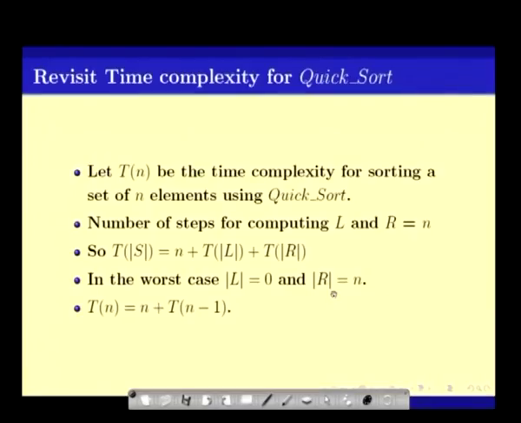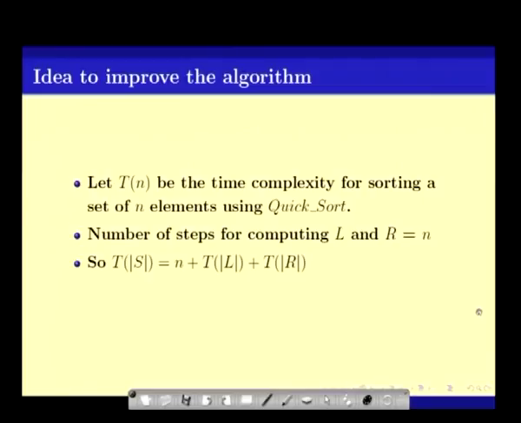But if somehow we could have picked some pivot such that the size of L would be around the same as the size of R, so the worst case will not occur, then we are in a better shape. Note that this is a very hypothetical if, we still do not have any idea how to get this, but if somehow somebody could have ensured that the size of the left set and the size of the right set was n over 2, then we would have got T(n) equals n plus twice T(n over 2).